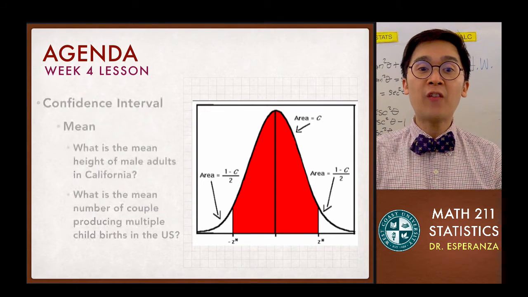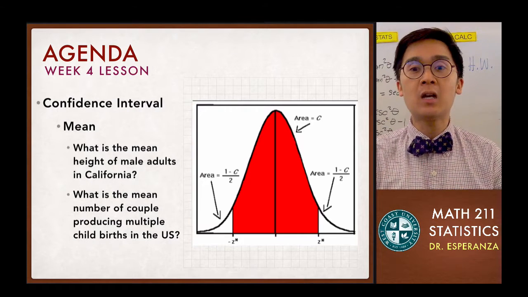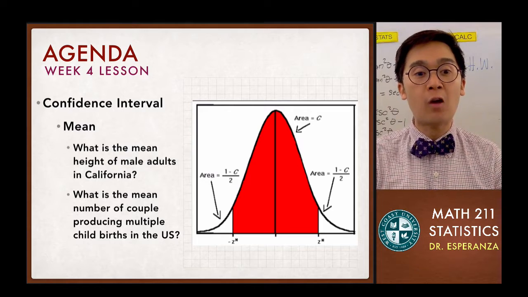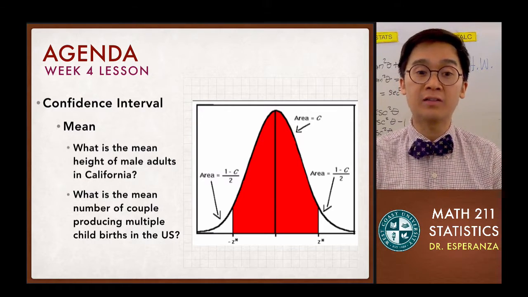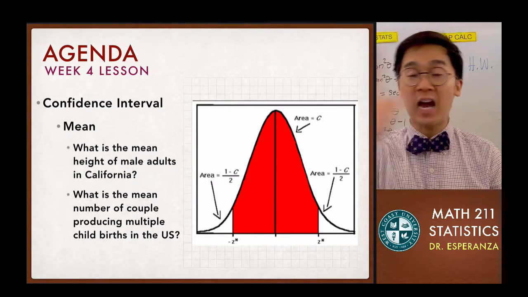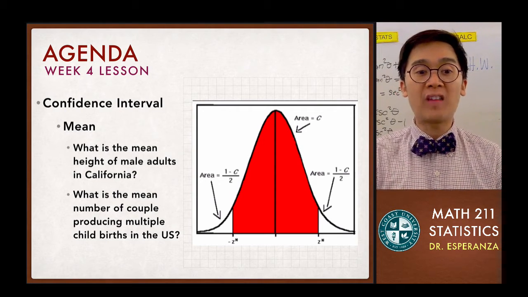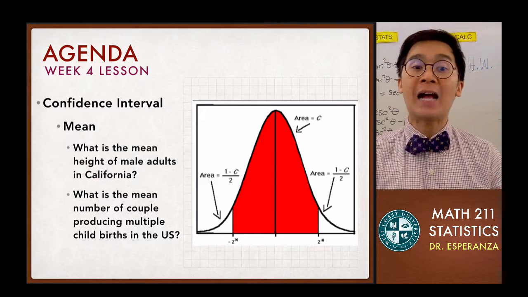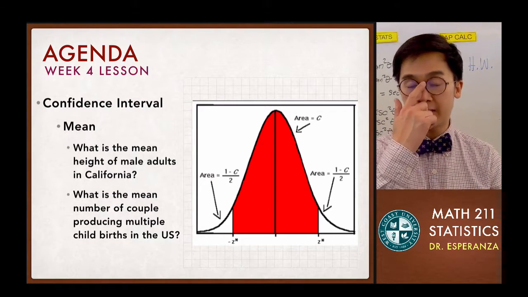Now for the confidence interval for the population mean, another example of this case would be finding out the average height of male adults in the entire California, or the average number of couples producing multiple childbirths in the entire United States.